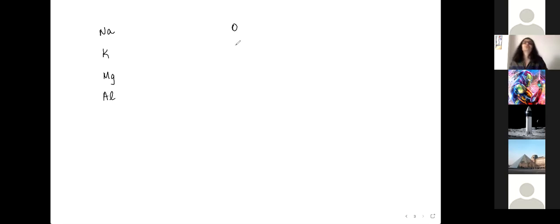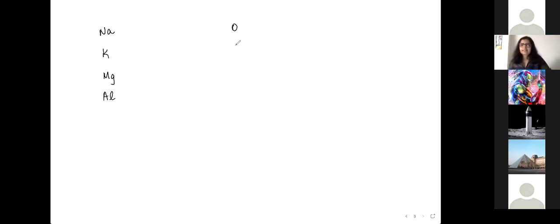Magnesium is a metal or a non-metal? Metal. Oxygen, you said, was a non-metal. Iron, zinc, they're all metals. Let's take aluminium. What about boron? Oh, that's a good point.